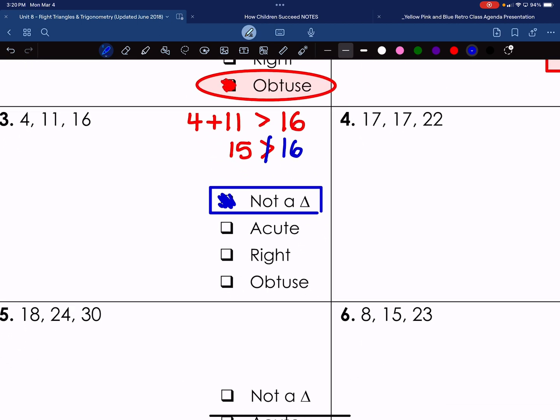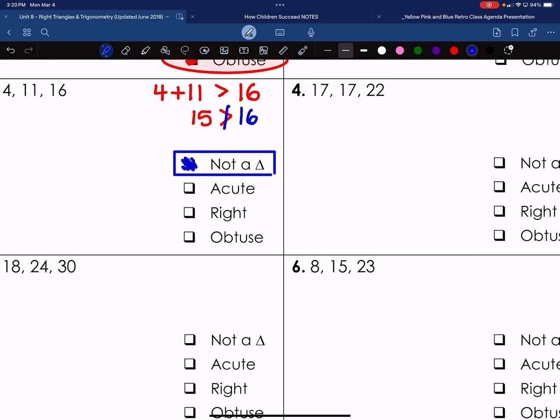Okay, let's do number 4. Take some time. I want you to do number 4. You got 17, 17, and 22. So figure out if it's a triangle first. If it is, figure out what type of triangle.